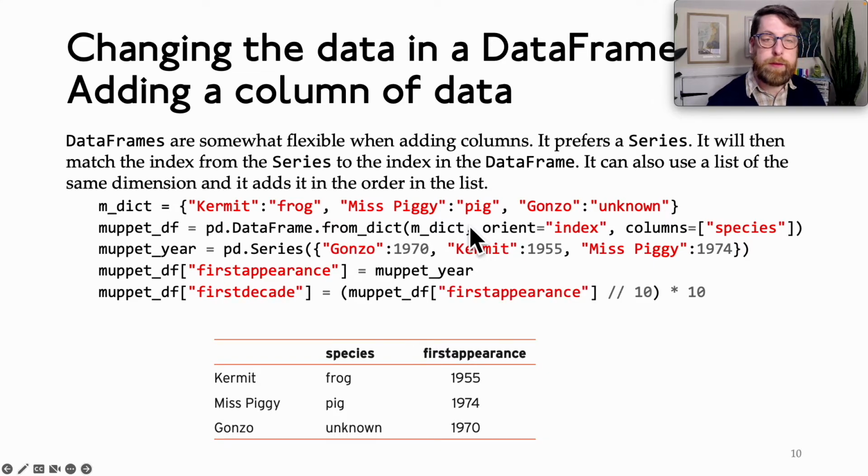But we can do other things in order to add a new column to a data frame. So for example here, imagine we want first decade. For first decade, we can use a simple formula, like remainder division or long division. So imagine if you divide 13 by 10, you get 1.3.